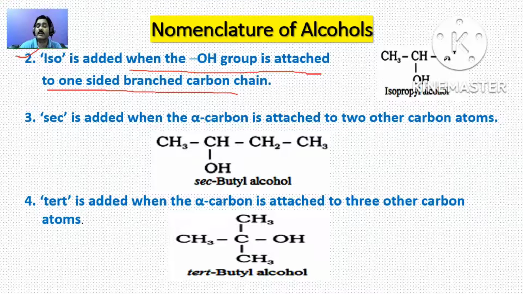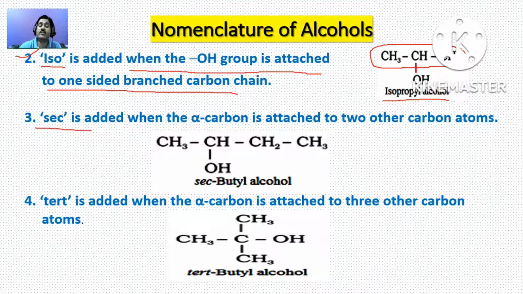For example, isopropyl alcohol. This is the longest chain, and the OH group is attached to the second carbon, or we can say the branched carbon. So it is called iso.